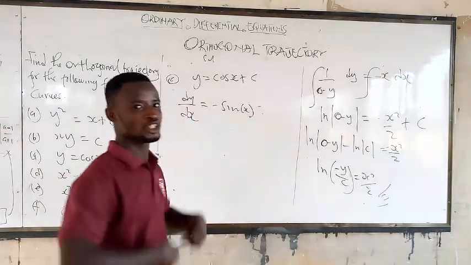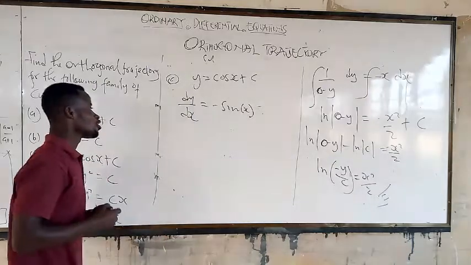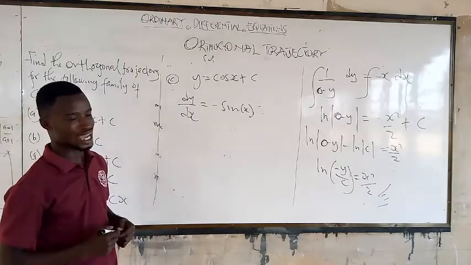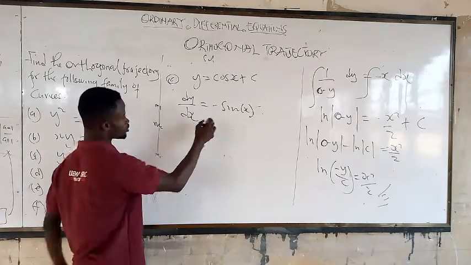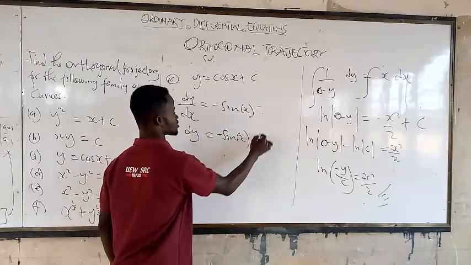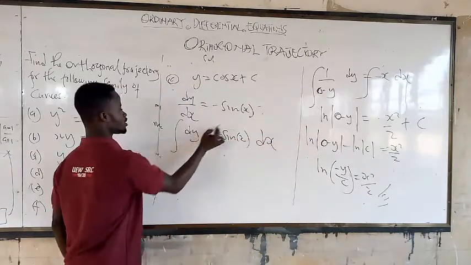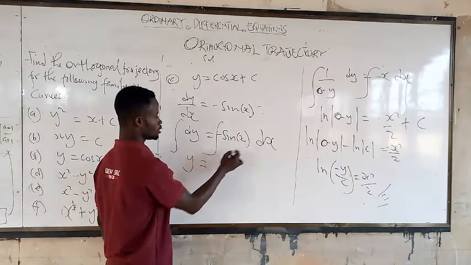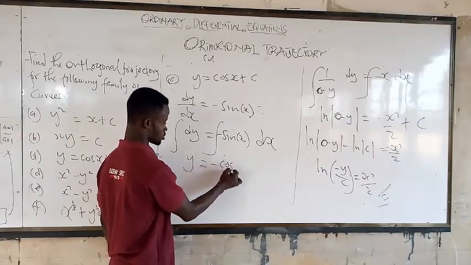And when you do that, you contradict yourself with the concept of what? With the concept of orthogonal trajectory. So here we are going to get dy equal to negative sine x dx. Integrate both sides, okay? y is equal to, here you get cos.